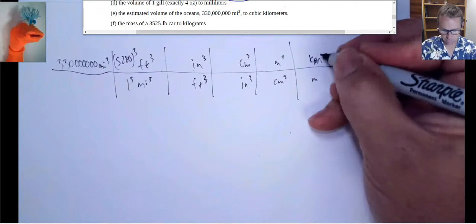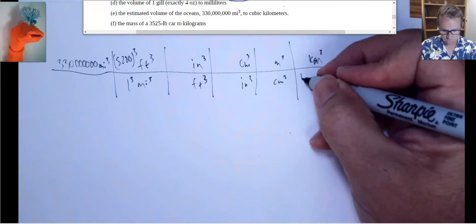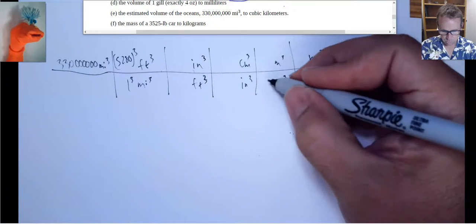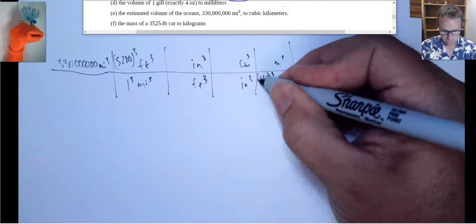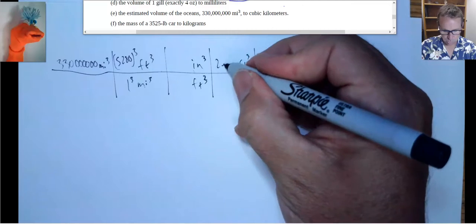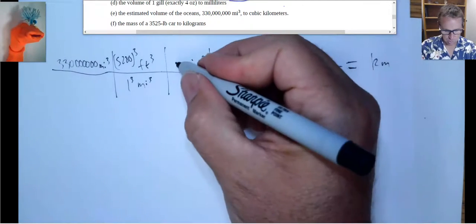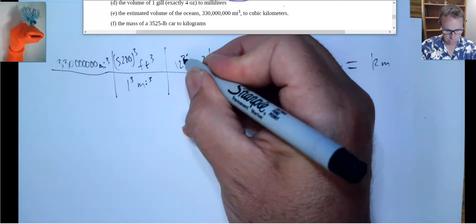And that's what we're after, cubed. So 1,000 meters cubed, 100 cubed, 2.54 cubed, 12 cubed.